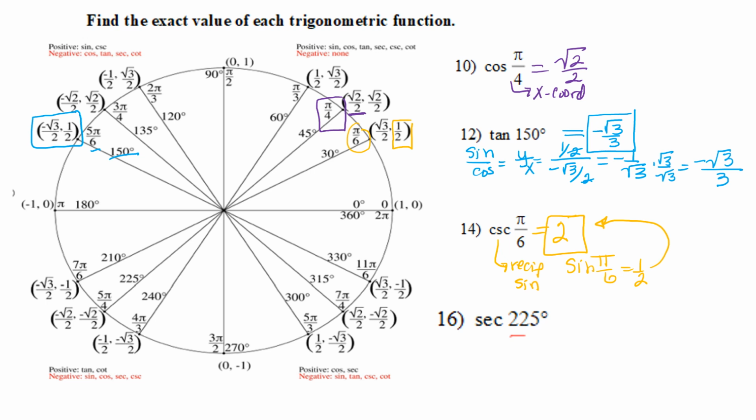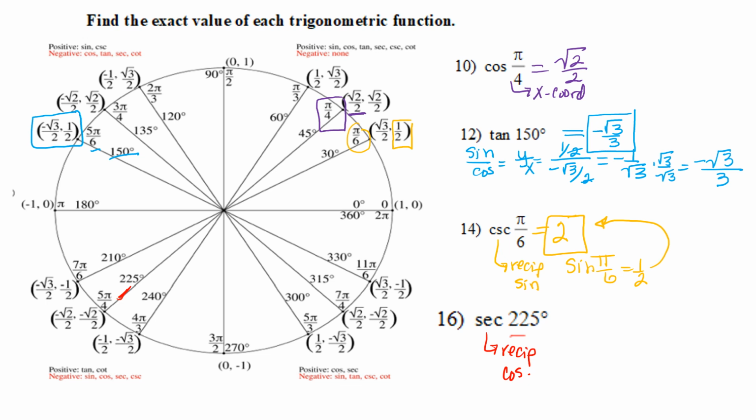And our last example for these is secant of 225 degrees. That is in quadrant 3, which is 5 pi over 4. And we need to remember that secant is the reciprocal of cosine.